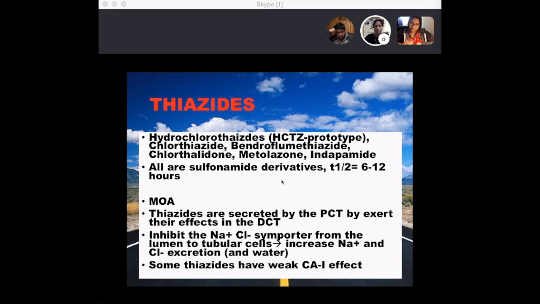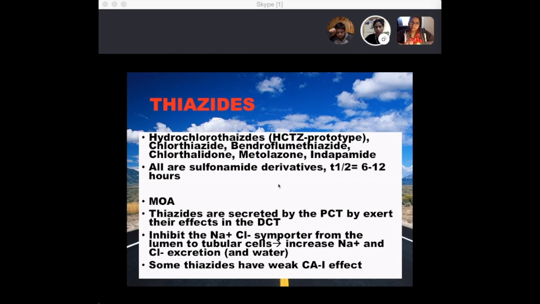And the mechanism of action. Thiazides are secreted by the proximal convoluted tubule, but exert their effects on the DCT. As a drug itself, it's secreted by the PCT, but its effects occur on the DCT. They inhibit the sodium chloride symporter from the lumen to the tubular cell.